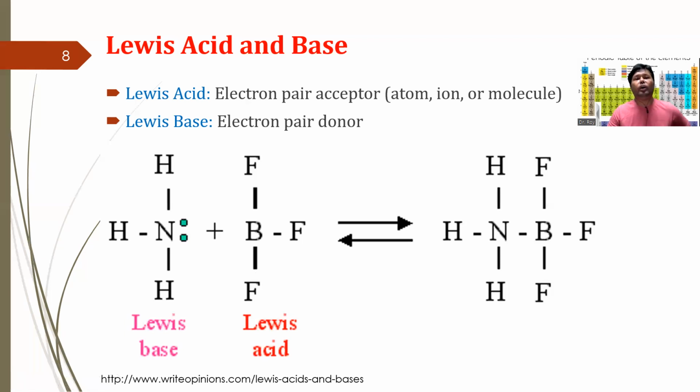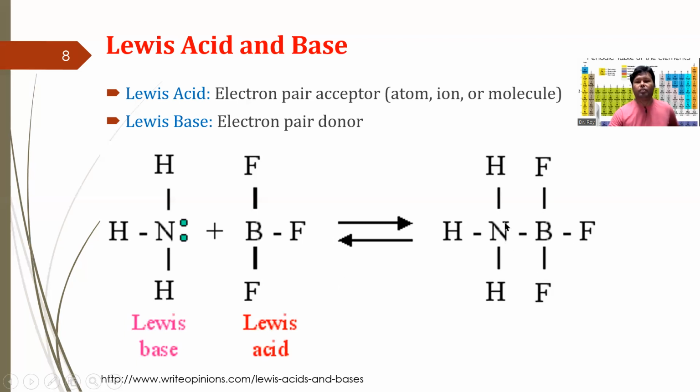Previously, for acids and bases, if a proton can be donated, that is an acid. Now, if a pair of electrons can be accepted, then it is called a Lewis acid. After gaining the pair of electrons, it makes a coordinate covalent bond between nitrogen and boron.